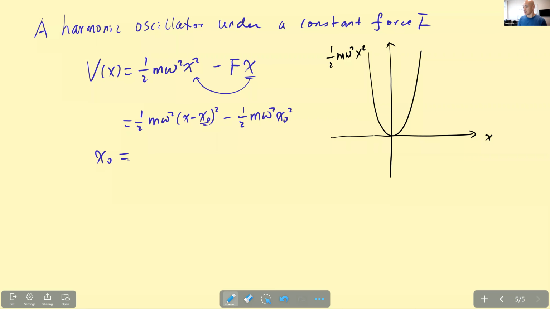That means if we apply a force on a spring, for example, you're going to stretch the spring to one direction. So suppose you have a spring, and then you apply the force, and this will move it to a new position.